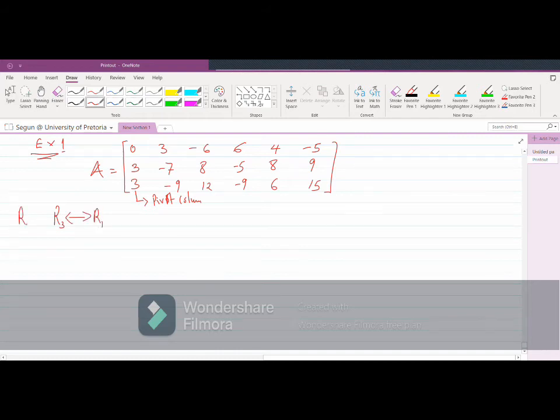Our row 1 equals this now. So let's interchange. We have 3, minus 9, 12 minus 9, 6, 15.